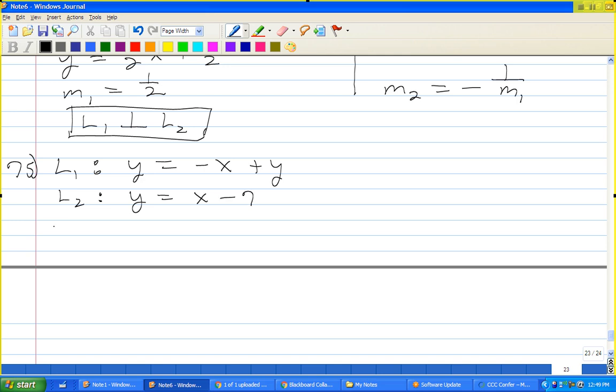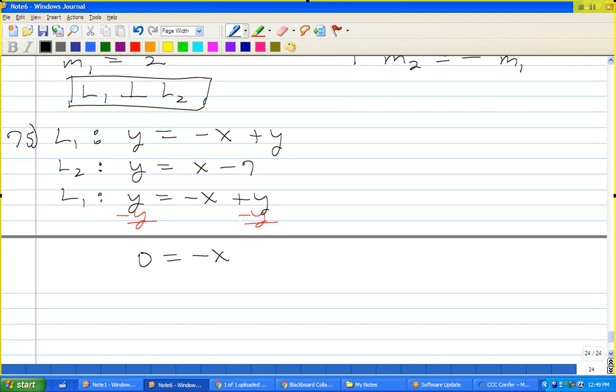Okay, so let's look at the first line. Subtract y from both sides of my equation. So this says that x is equal to 0. So there's no y here. Therefore, the slope is undefined.